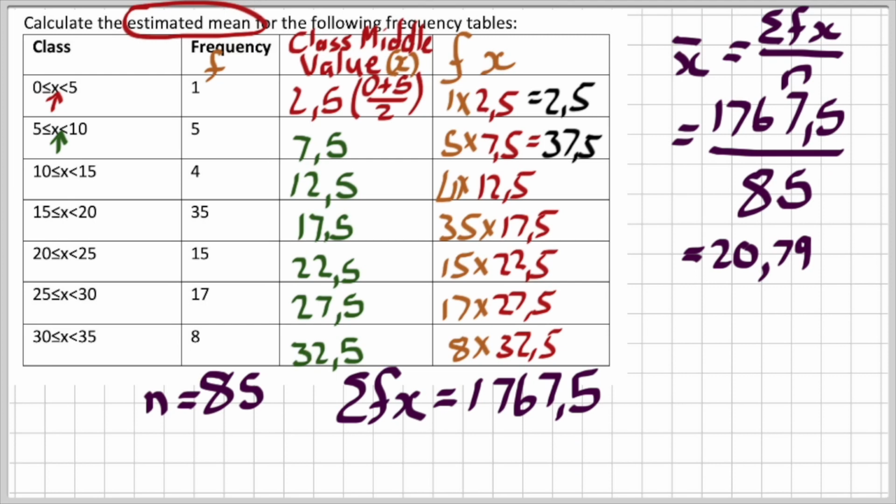If we sketch the scenario as a grade's marks for a test out of 35, then I can say that if I pick someone at random, they would have gotten 20,79. Is this accurate? Not at all. We don't know. But it is an estimated mean.